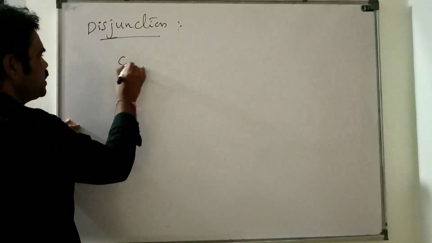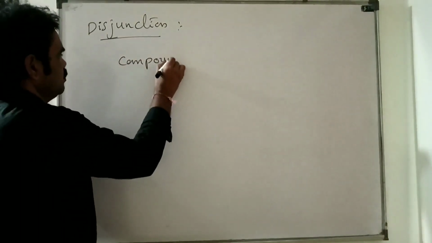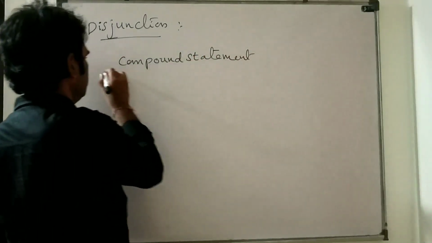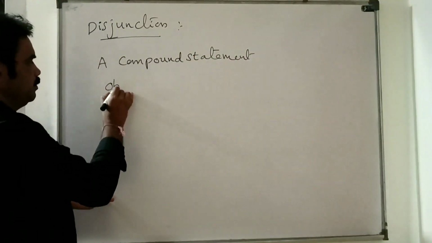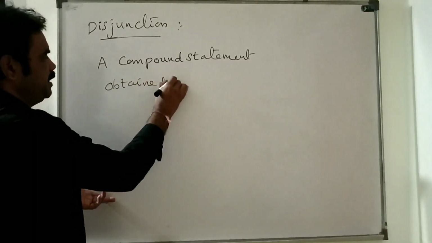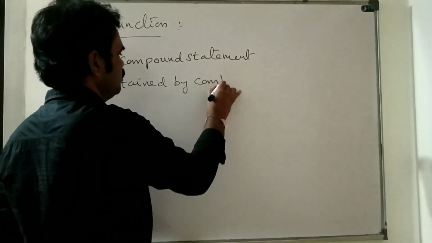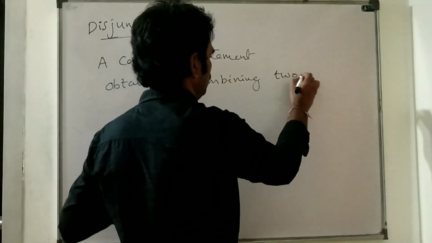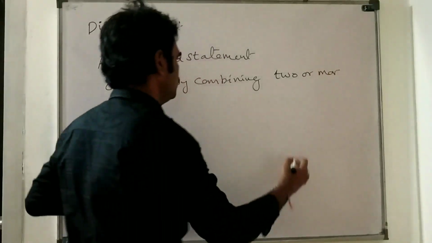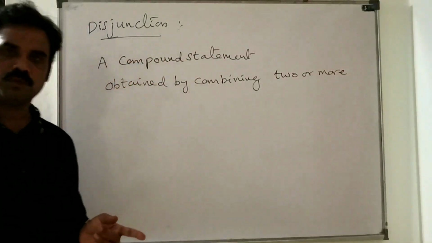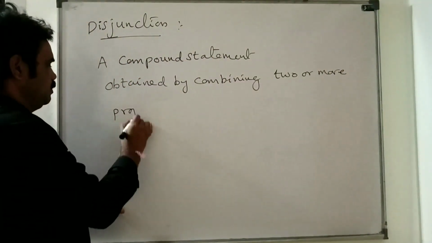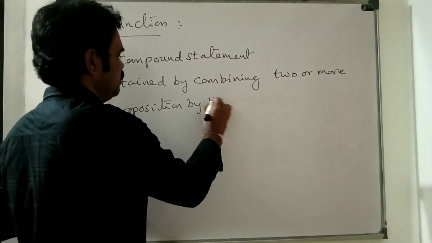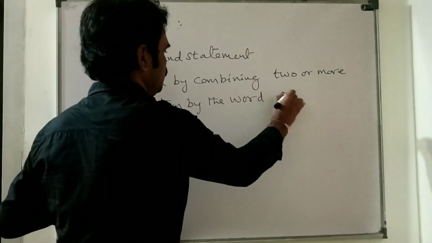Next, disjunction. It is a compound statement obtained by combining two or more propositions by the word or.